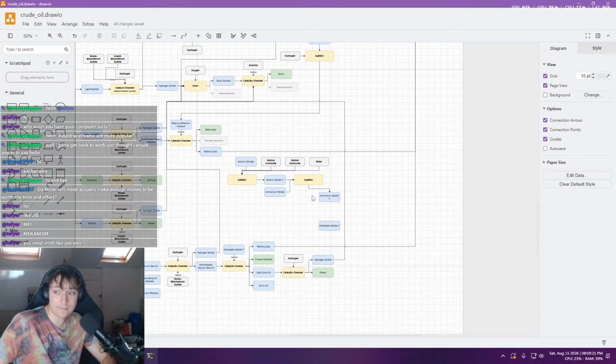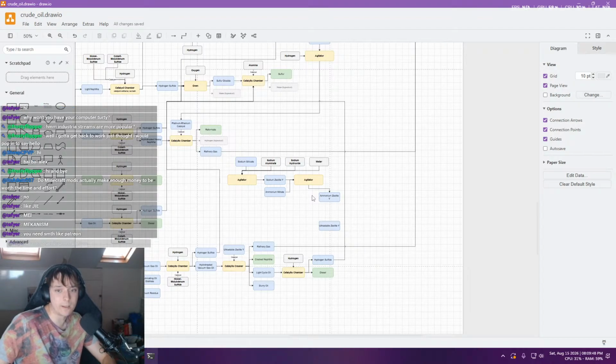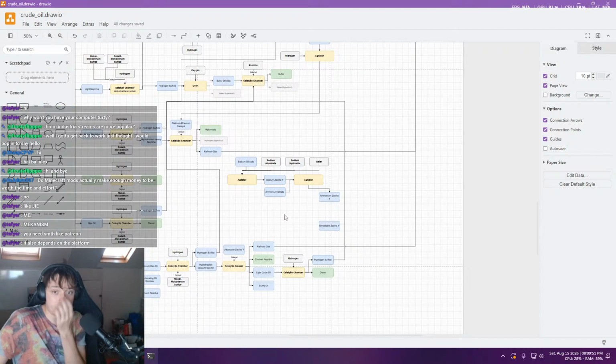If I had to guess, I don't know how much you make, but maybe like... I actually don't know. I would guess $500 a month. Maybe. And that's a very big maybe. But you're not making anything even close to a living wage. And that is one of the biggest mods.